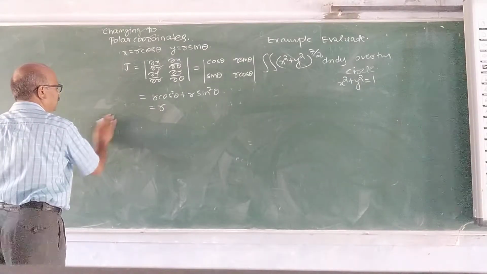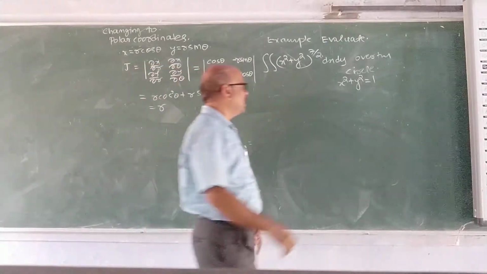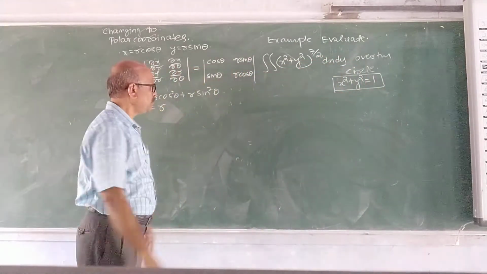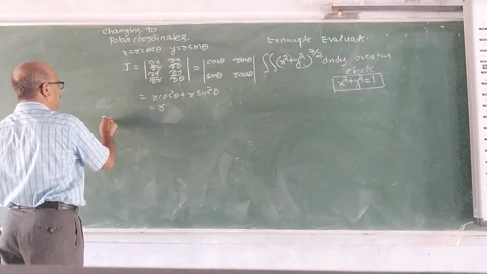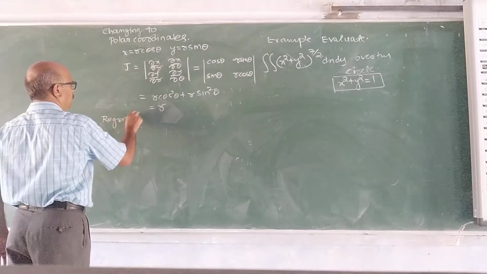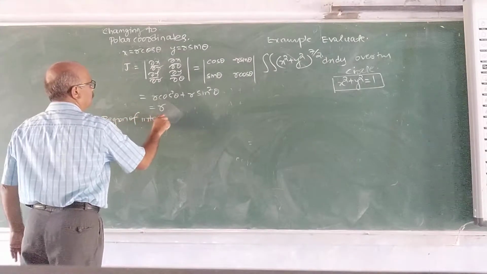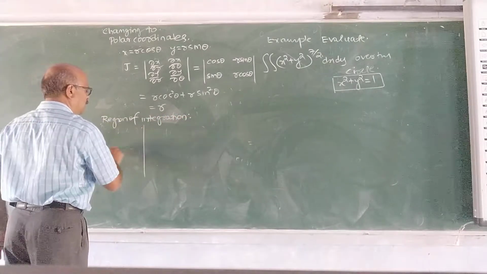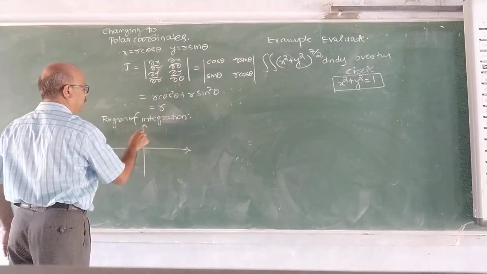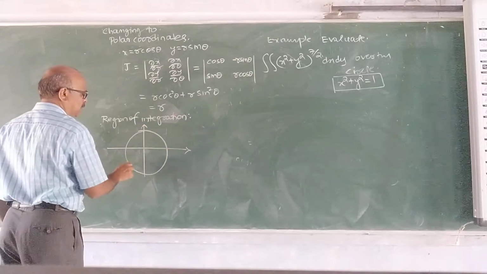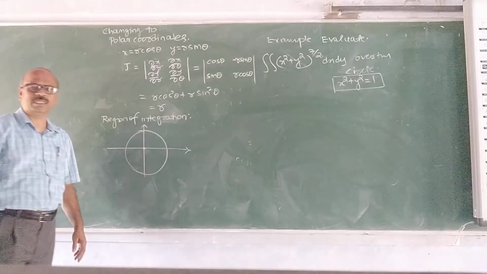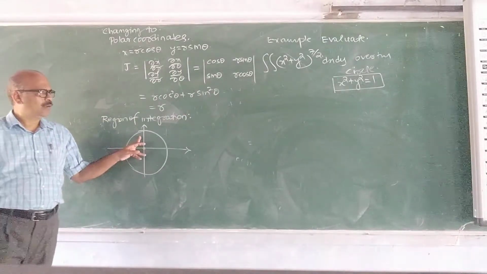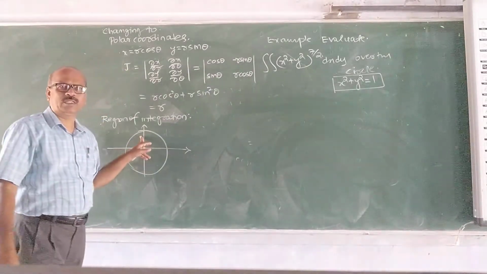Therefore, what is the next thing? We find out the corresponding region in the polar plane, the region of integration. The region of integration in the xy plane is the circle x² + y² = 1.